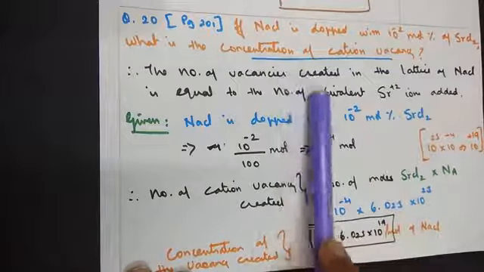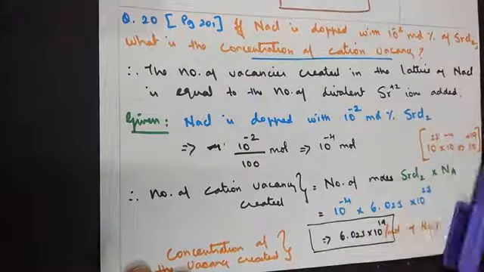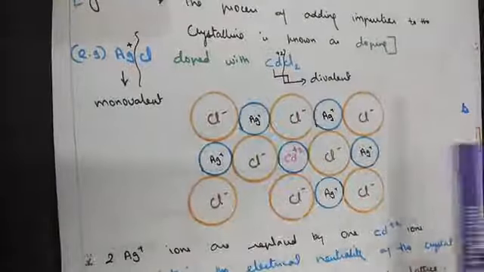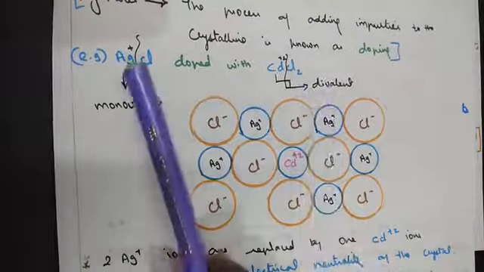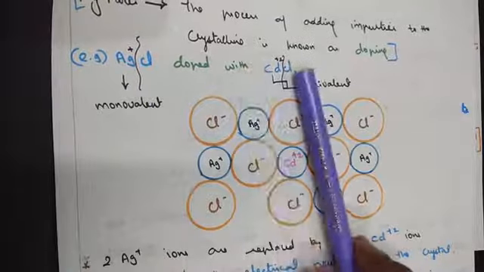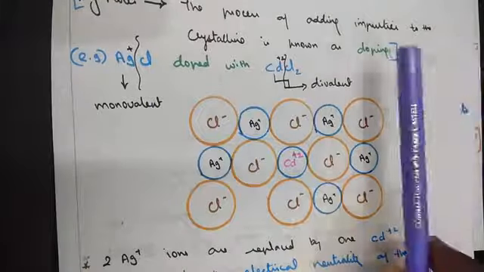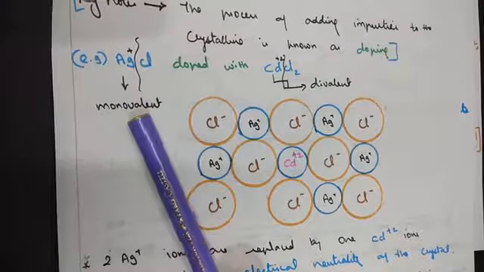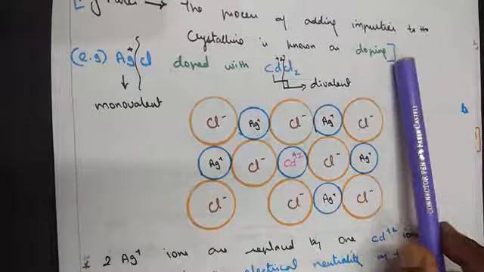Before we move on to working out the numerical, I would like to show you the concept which you have learned under impurity defects. I am not going into detail, only showing you the structure. We talked about the existing crystal structure of silver chloride, doping it with cadmium chloride. In this impurity defect, silver is a monovalent ion and cadmium is a divalent ion.